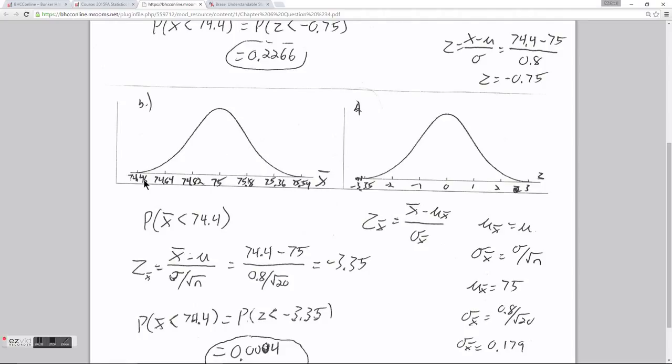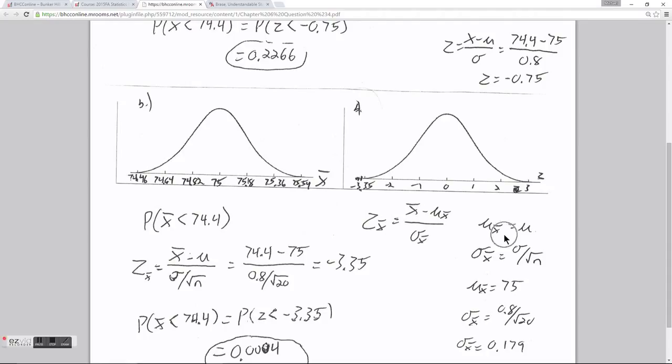We can see that the spread, number-wise, is a lot more narrow than it was in part A. And that's because there's a different standard deviation for this set of data. So there are similarities between the population of cars being loaded with coal and the population of sets of 20 cars being loaded with coal. Both distributions are normally distributed.